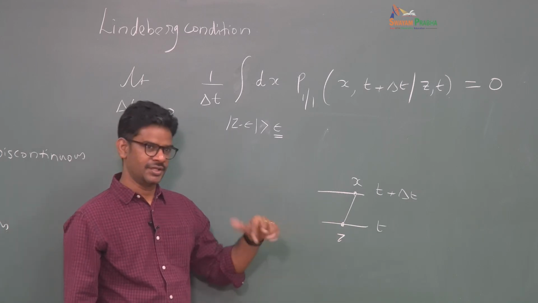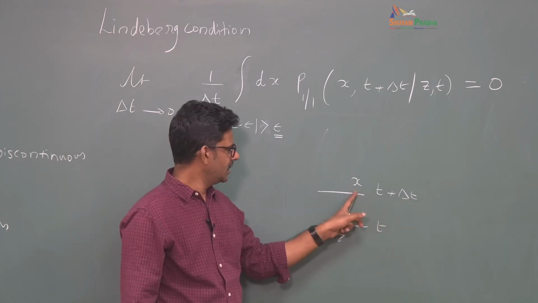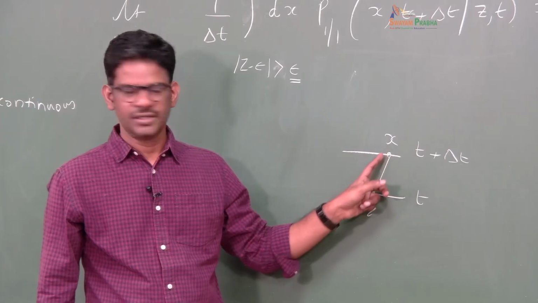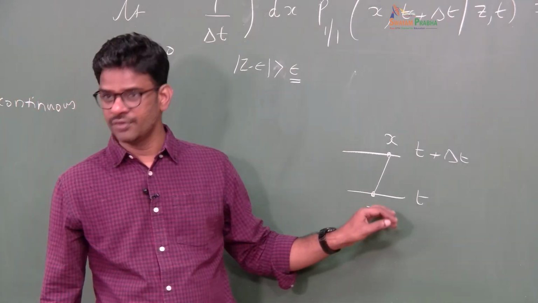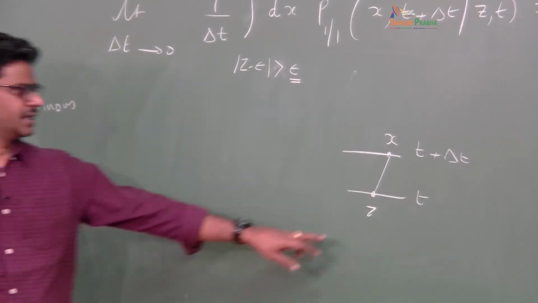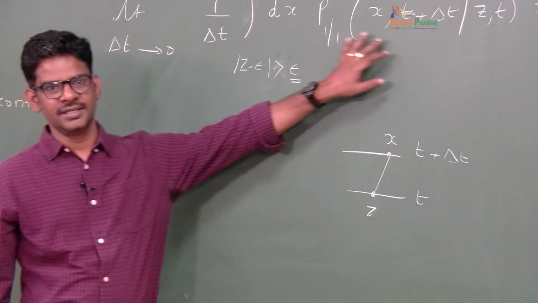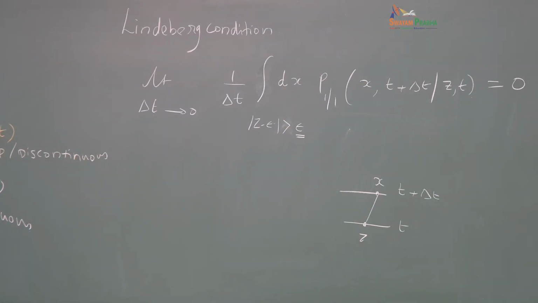Okay, in other words, as a corollary, over a period of delta t, the next variable x is going to be in the neighborhood of z itself. It's not going to be far away from the variable z here. If this condition is violated, then we say that this is a discontinuous process.